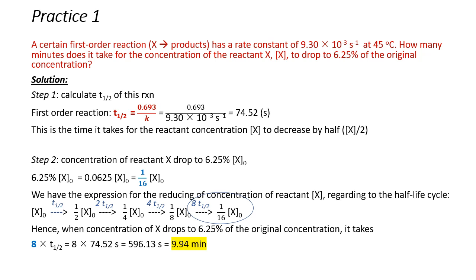So we can have the time it takes for the concentration of reactant X to drop to 6.25% of the original concentration. 4 times 74.5 is equal to 298 seconds, roughly around 4.97 minutes.